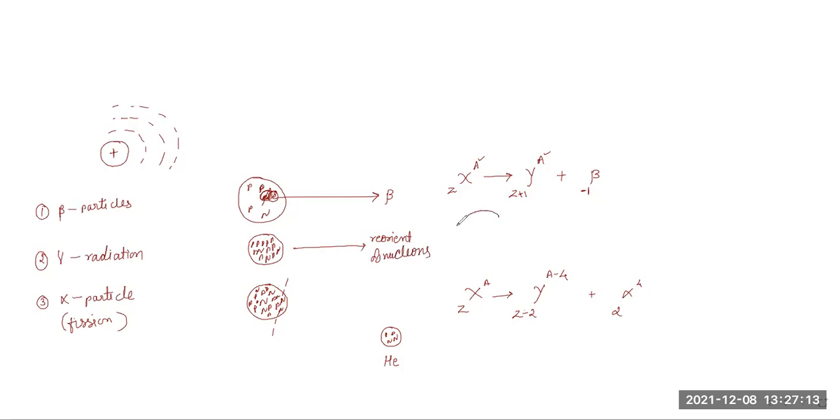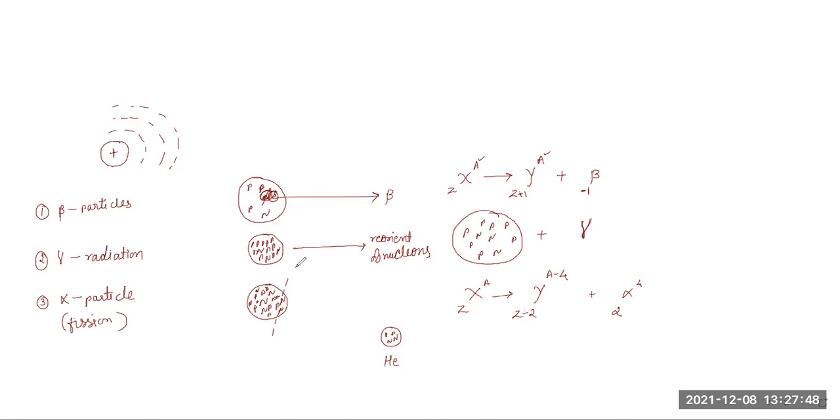The nucleus may now become like this, with protons and neutrons situated properly inside the nucleus. Under this condition, when the internuclear distance of these protons and neutrons is increased, it's like the nucleus is relaxing a little. In that process, whatever energy is liberated is in terms of gamma radiation.